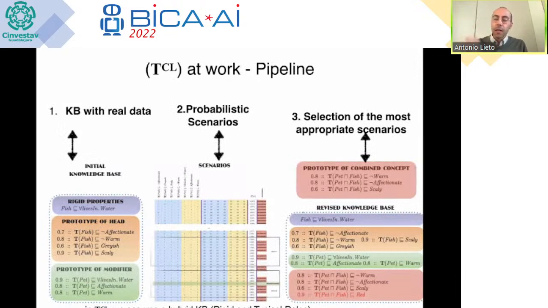But in a nutshell, this kind of framework allowed us to deal with knowledge bases equipped with real data, where we had both probabilities associated to typicality-based statements, or let's say rigid statements, like in the case of the pet fish. We know that, for example, a fact where there is no uncertainty is that all the fishes live in the water.